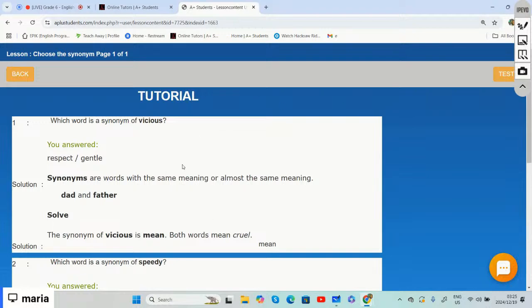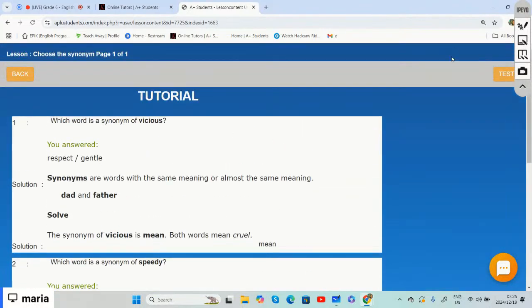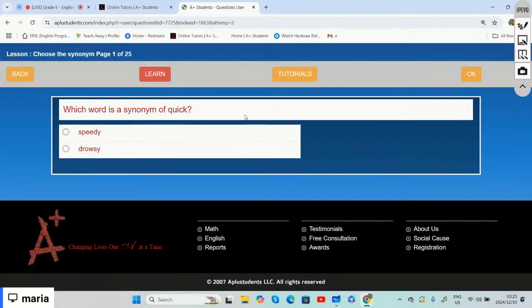All right, okay, let's rather go straight to our test. So we're going to choose words that is the synonym of another word. So choose the synonym.